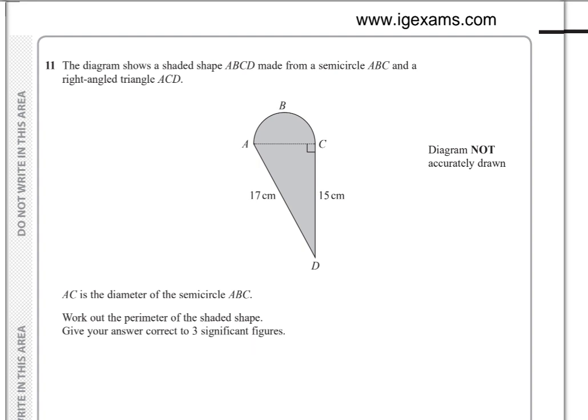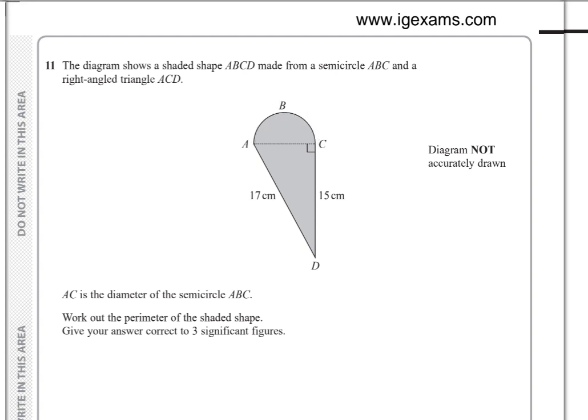To find the perimeter of the shaded shape, we need to find the curved line. We need to find half the circumference. So we need to find the diameter. Because we have this side 15 and this 17, we need to find the length of the arc ABC.